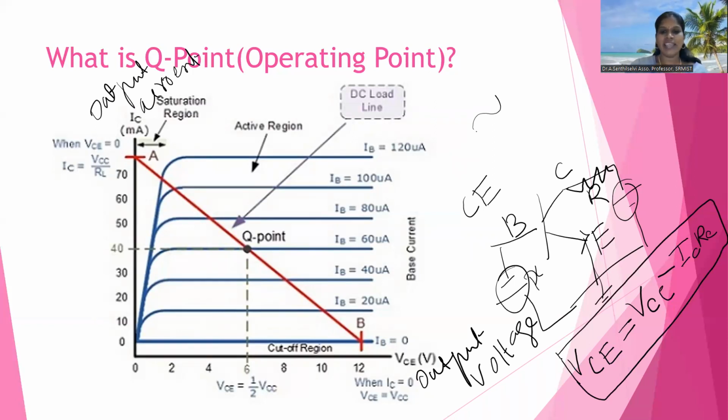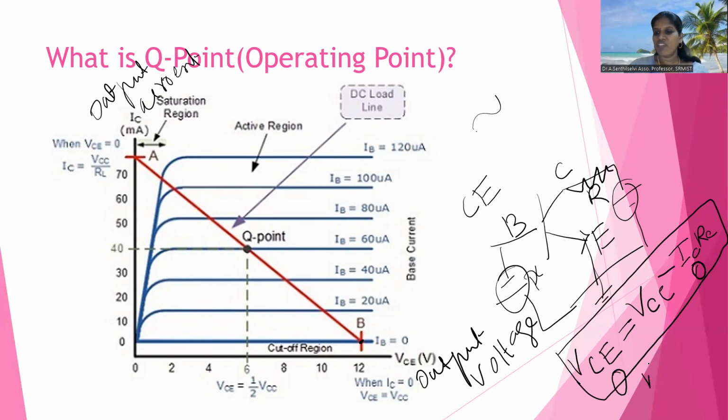To find the X crossing point, to know the VCE value, we make IC equal to 0 in this equation. If we make IC equal to 0, we get VCE equal to VCC. That is the crossing point. To get the Y crossing point, we apply VCE equal to 0.